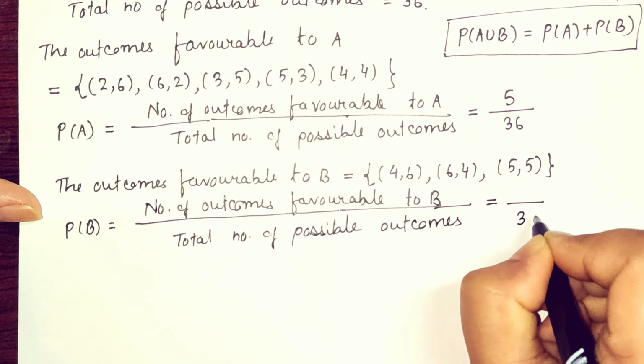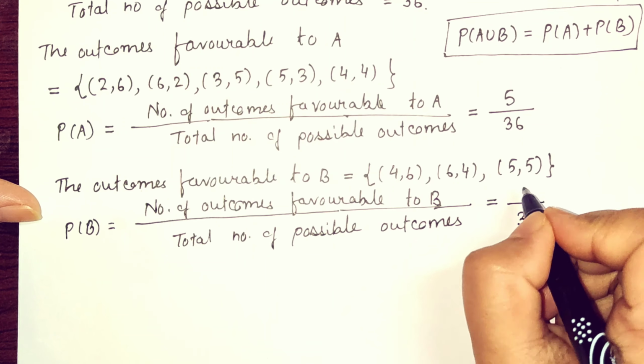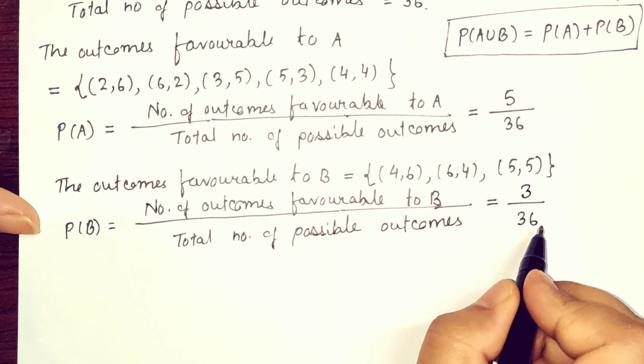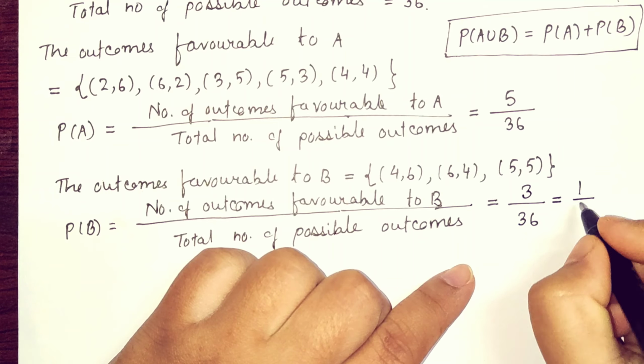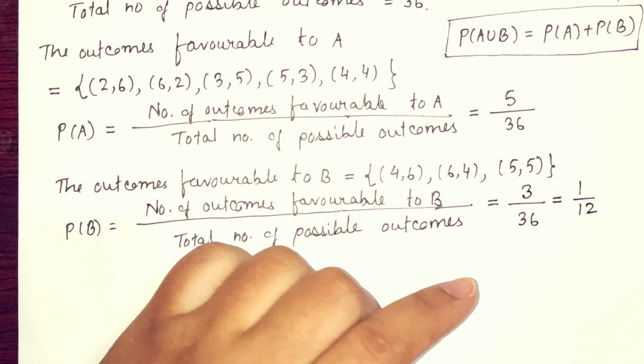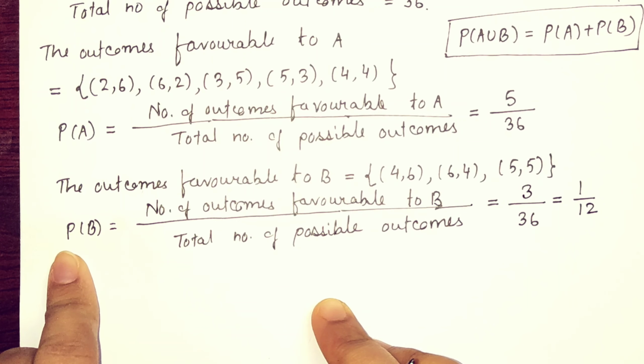Total number of possible outcomes is 36. Number of cases favorable to B is equal to 1, 2, 3. 3 and 36 have the common factor 3. We can write 1 divided by 12. Here we have found the values of P(A) and P(B).